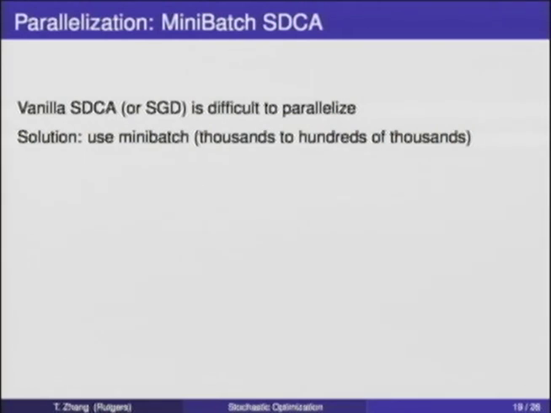In MiniBatch, instead of using one example, you use maybe 1,000 examples simultaneously as a MiniBatch. Depending on the problem, it can be hundreds of thousands. Then you distribute across, let's say, 100 machines. Each one handles, for example, 100 or 1,000 examples.